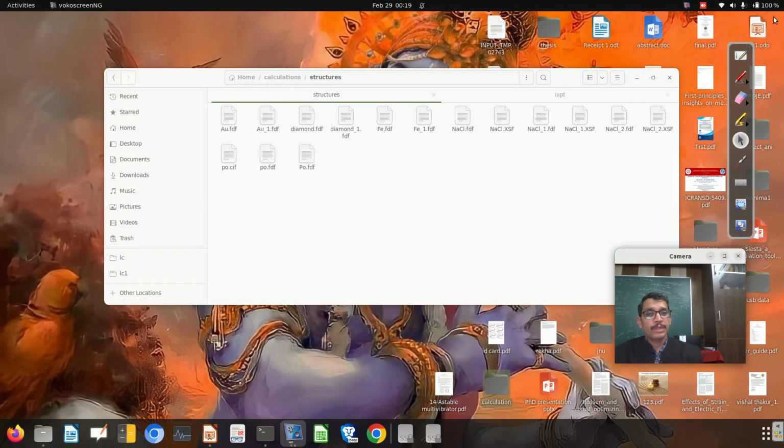So that means till now I talked about the simple cubic structure and the BCC structure in the primitive mode and in the simple cubic mode, right? Now I will talk about the gold structure also.